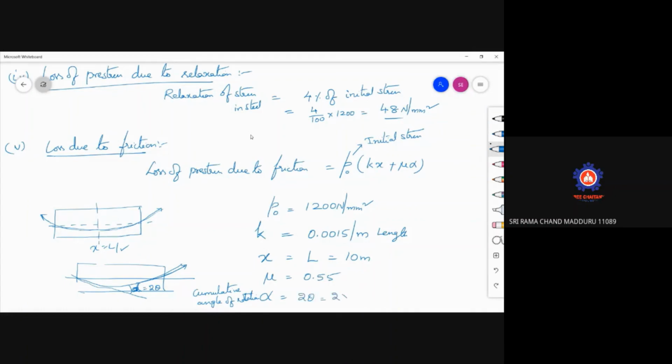Theta was already calculated in the previous step, 4E by L, in terms of radians 0.048, so 2 theta is 0.096.